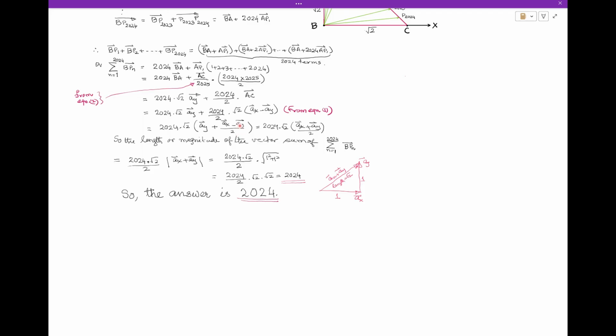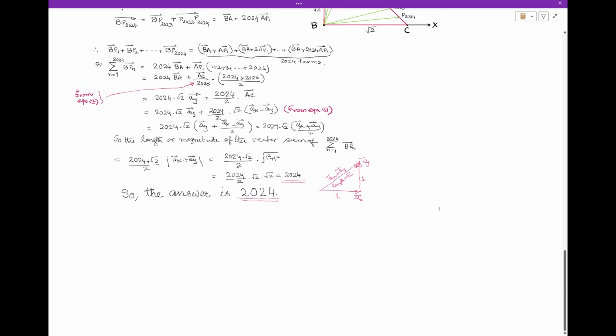Because in this, we have taken the term 2024 into root 2 common. If you simplify that, it becomes 2024 multiplied by root 2, whole multiplied by (AX plus AY) divided by 2.